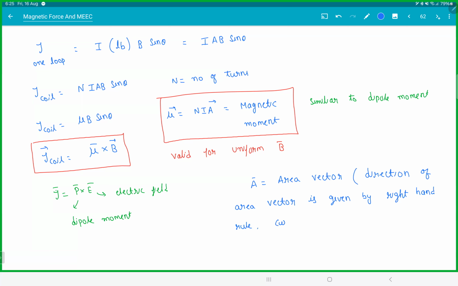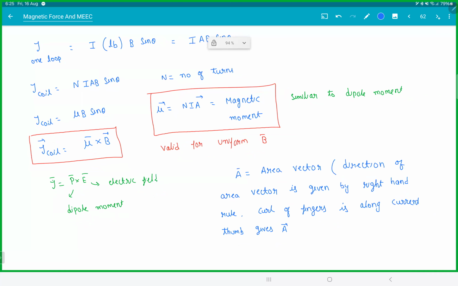So curl of the fingers is along the current. Thumb gives you the area vector. Meaning, for example, let's say you have a coil like this, and a current I is flowing like this.